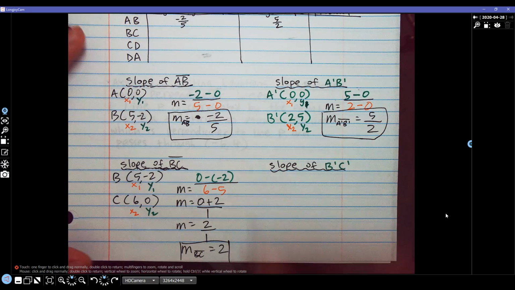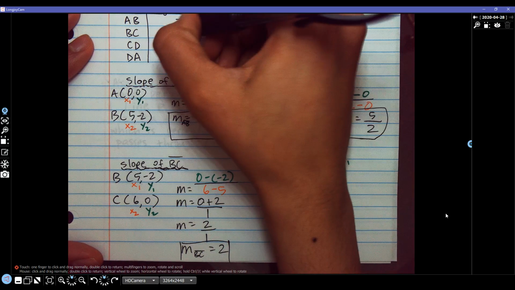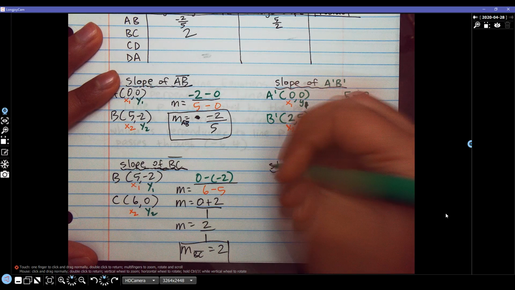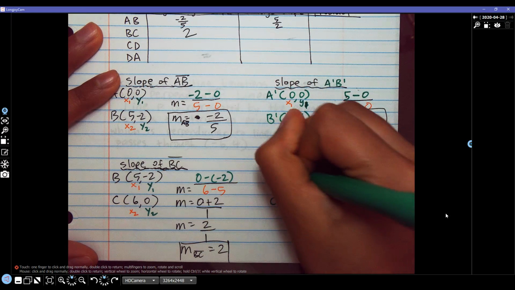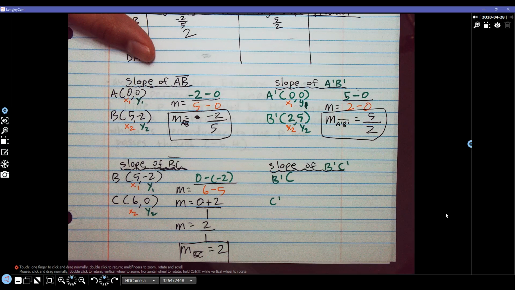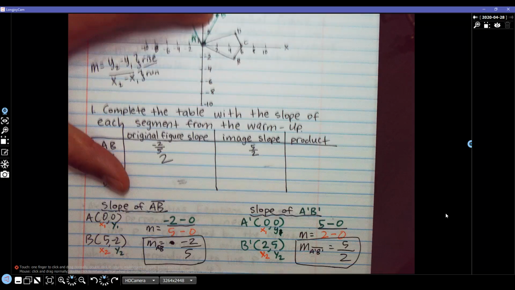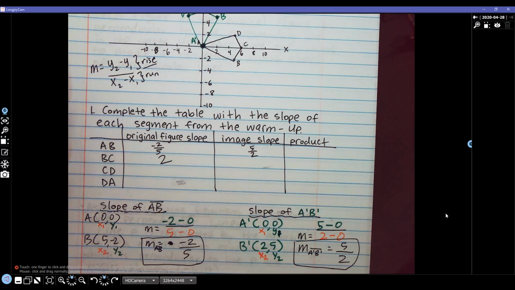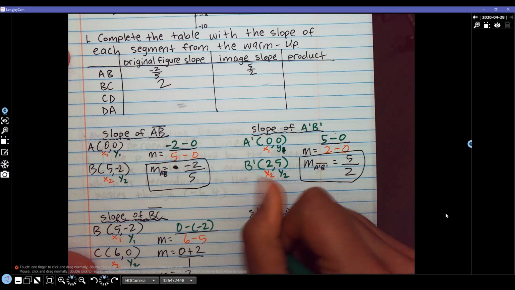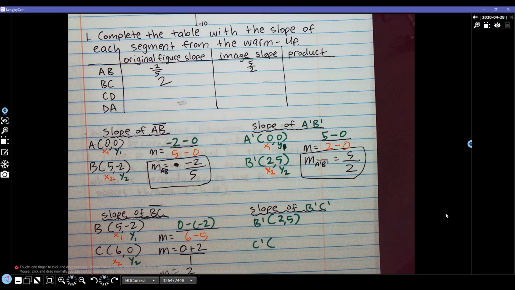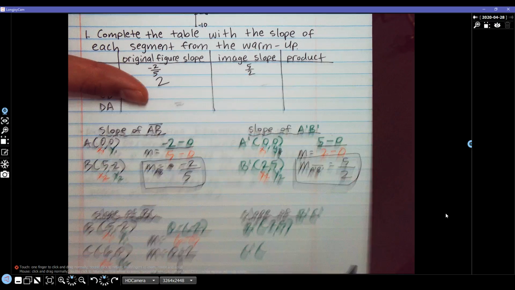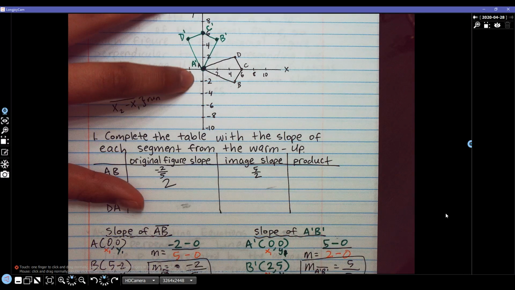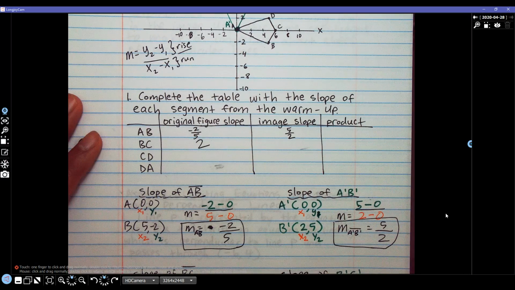Okay, so I'm going to put that here, original figure slope. And then we've got image. So let's put B prime, C prime. Coordinates of B prime, if you look up here, same from last time, 2, 5. And then coordinates of C prime are 0, 6, which we can see up here, 0, 6.